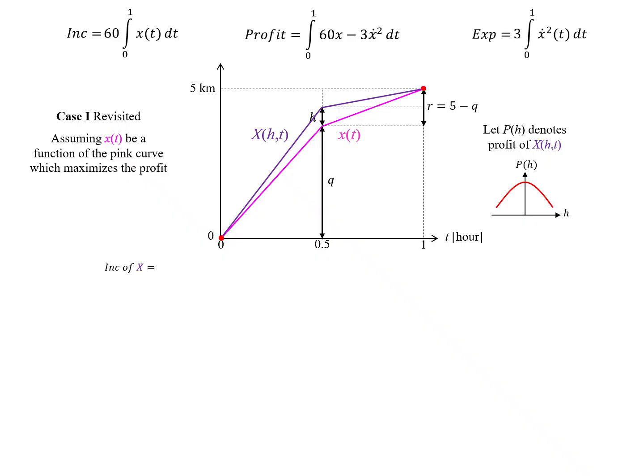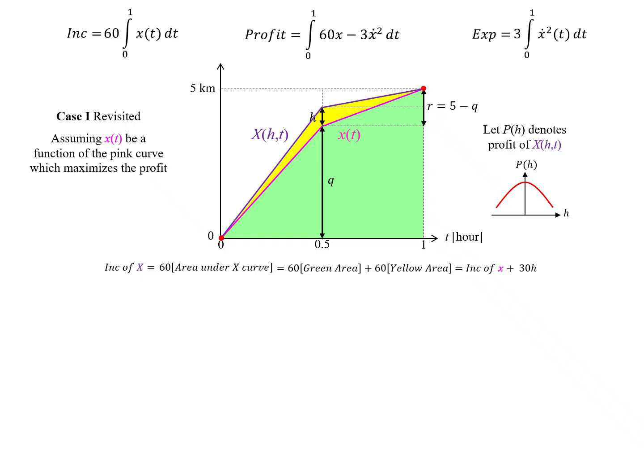The income of the big X is 60 times the area under the purple curve, which can be divided into the green and the yellow area. Now 60 times the green area is the income of the small x, and the yellow area contains two triangular regions with base h and height 0.5, so the yellow area is 0.5h, and when multiplied by 60 becomes 30h.